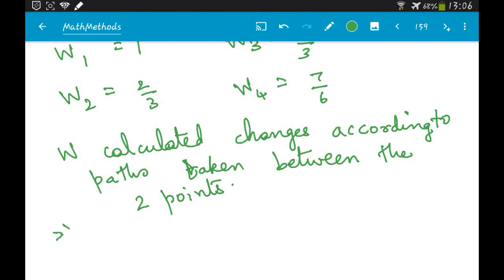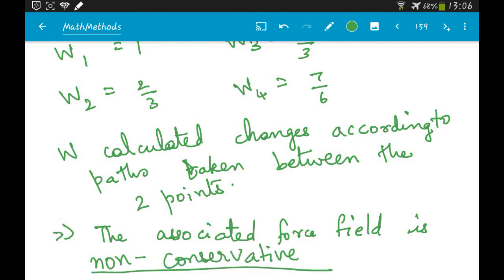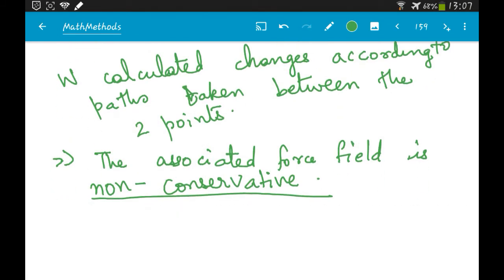Which means that the associated force field is non-conservative. Okay, so non-conservative essentially means that when you calculate work done because of this force field, the work done will depend on the path. Okay, so that is what it means by non-conservative force field.